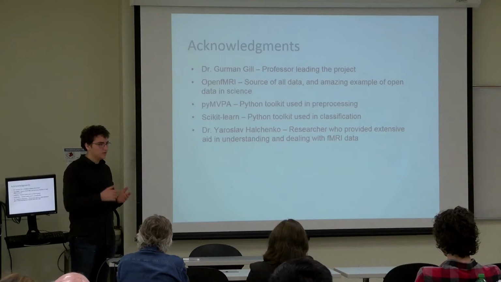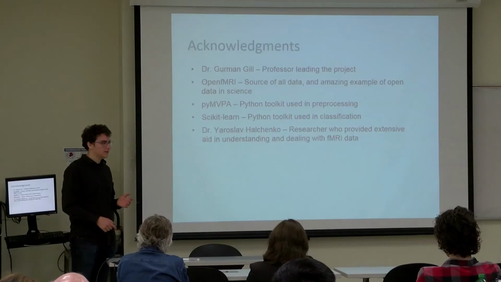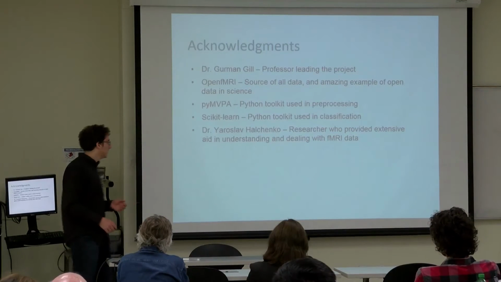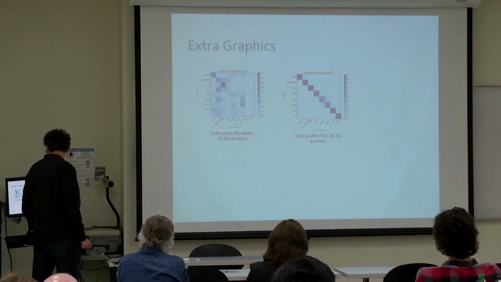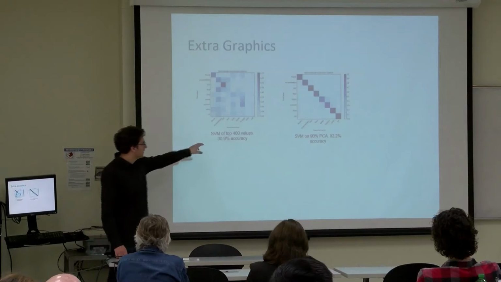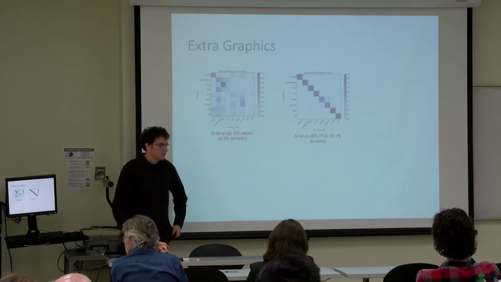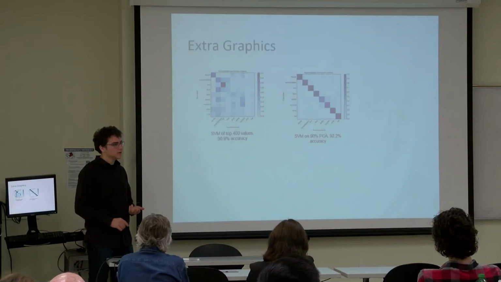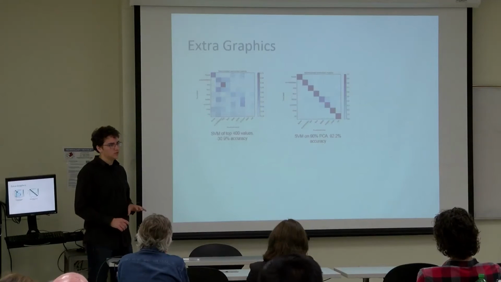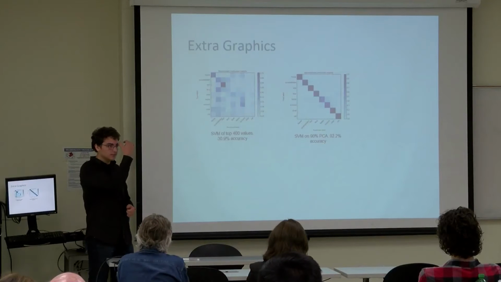But testing for accuracy against all of these different features, nothing compared. If we did the top 400 values, we only got 30% accuracy. We tried top values and histogram, and got around 30%. Most of the other features were getting about 30% accuracy.